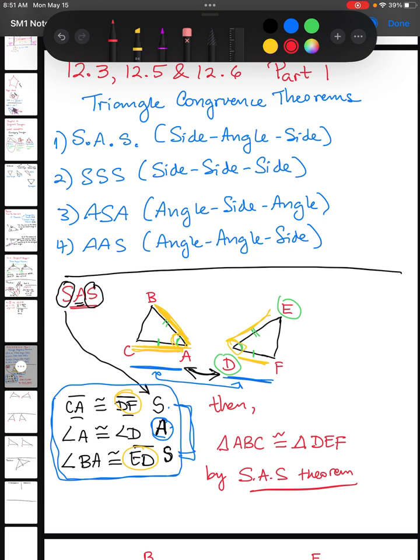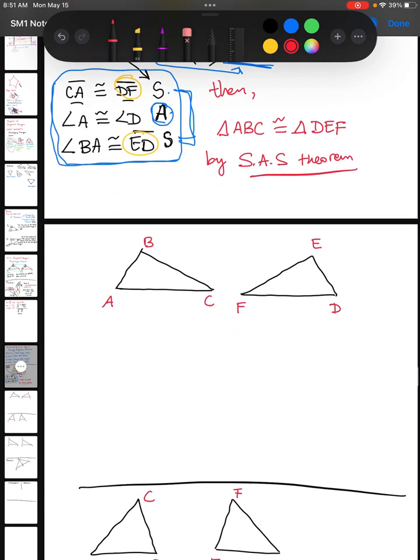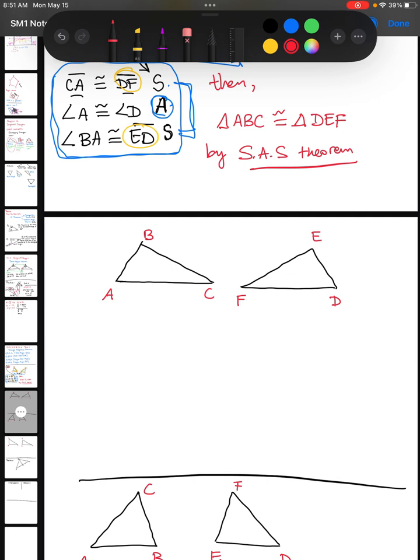Now I'm going to walk you through the other three theorems, but hopefully this is going to be easier for you guys, because now look at this. Same thing. Look at these two triangles. Now we're going to figure out the SSS. This one is really simple and easy because, okay, so AC is corresponding side to DF, correct?